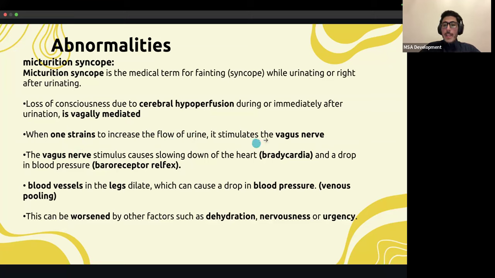This is going to activate an important nerve in the body, which is the vagus nerve. Stimulating this nerve can result in bradycardia, which is a decrease in the heart rate, below 60, if I'm not mistaken. The normal range is from 60 to 100.